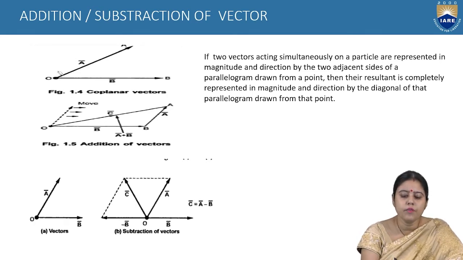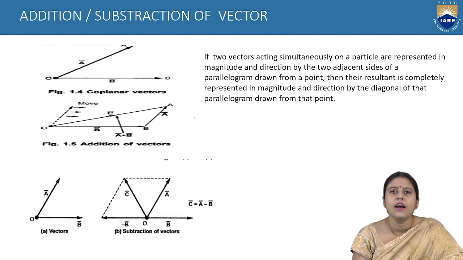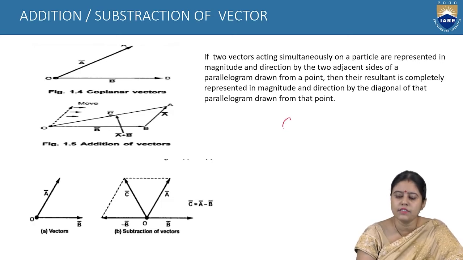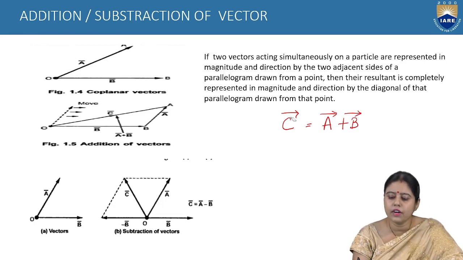We will draw the diagonal from that point and use the parallelogram law. Using the parallelogram law, we can add two vectors, and according to this, vector C is equal to vector A plus vector B. It will always follow the parallelogram law.